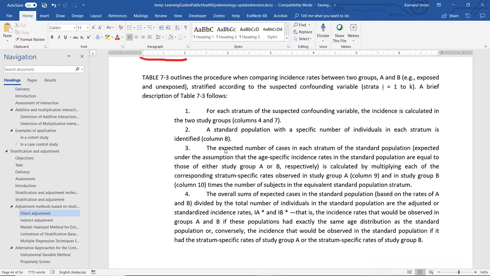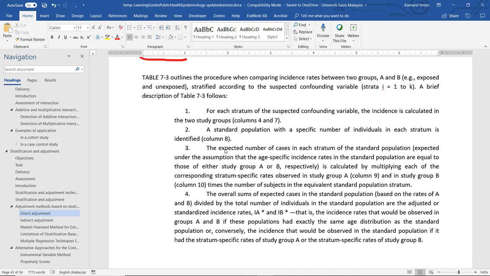I hope you can study table 7.3, and you should be able to calculate the crude and adjusted measure of association.